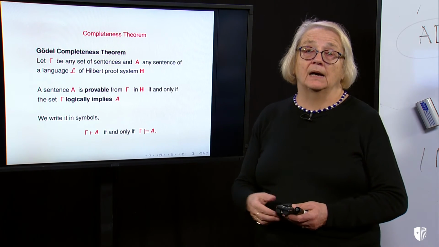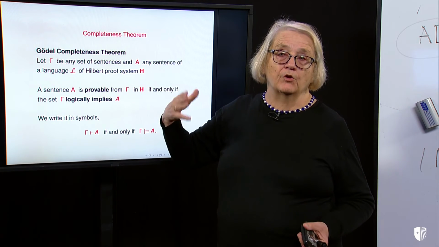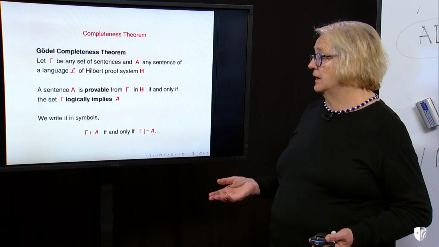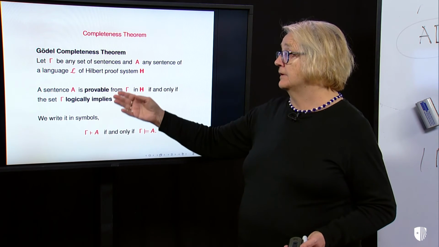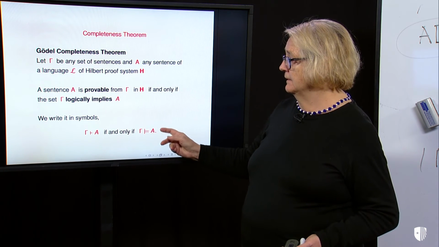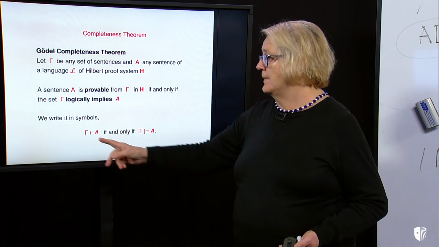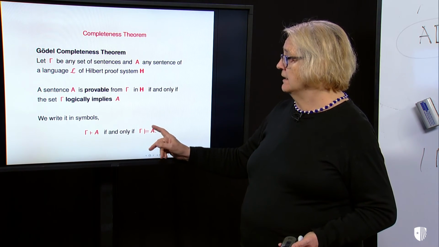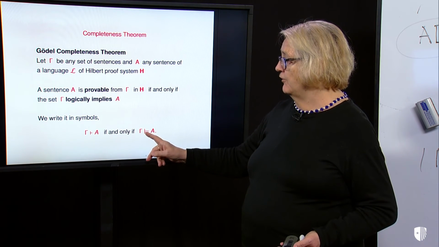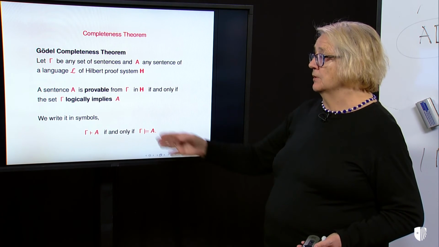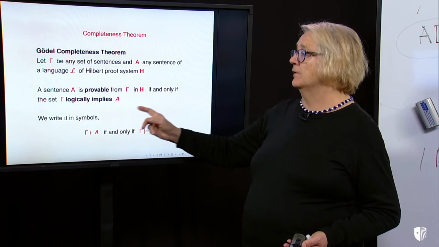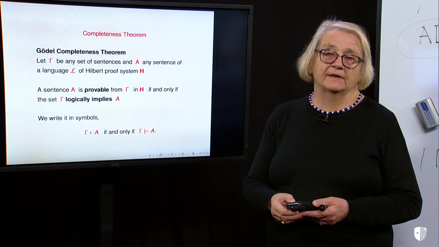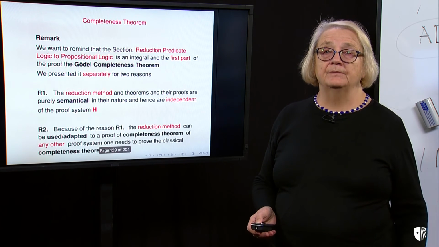And now we formulate the Gödel completeness theorem in terms of provability from gamma and logical consequence from gamma. So a sentence A is provable if and only if the set gamma logically implies A, and that's how Gödel did it.